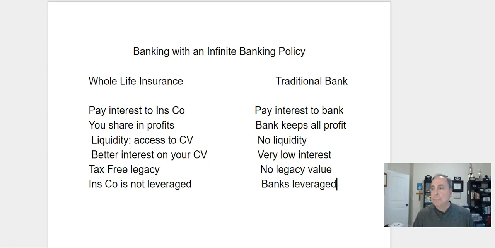The insurance company is going to continue to pay nice interest and dividends on your cash value all along. So it's far, far superior to do banking and borrowing from your assets if that money is in a life insurance policy, an infinite banking policy, as opposed to putting it anywhere else.